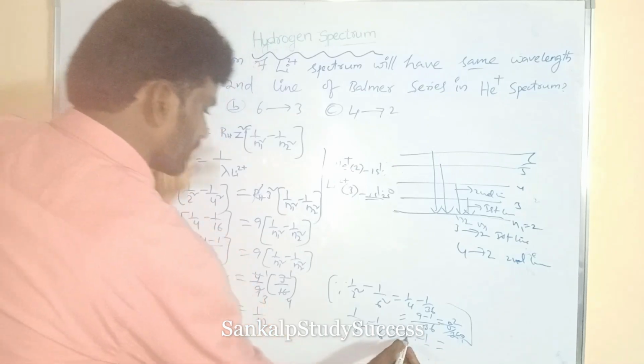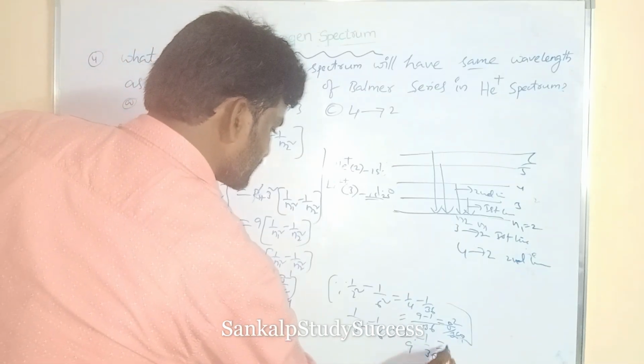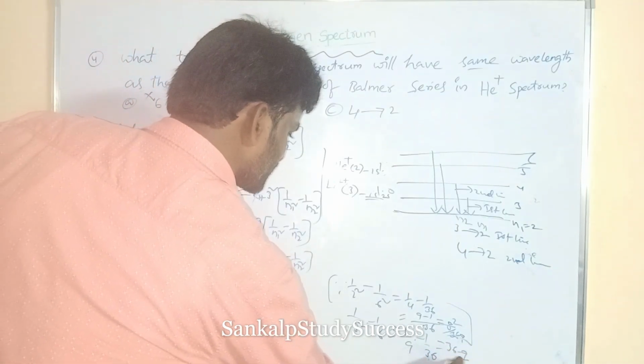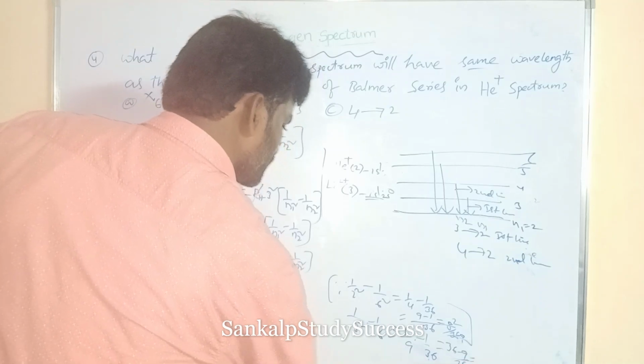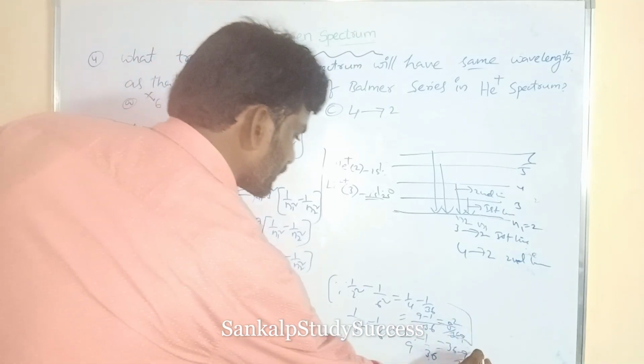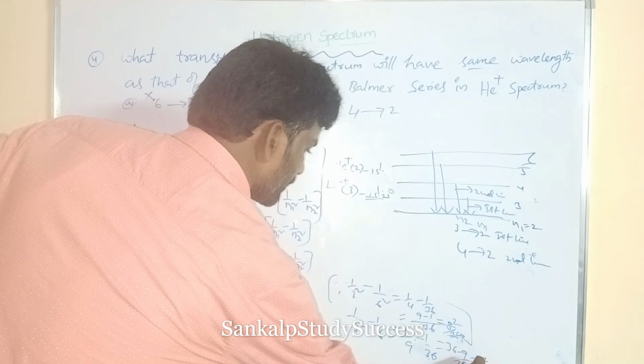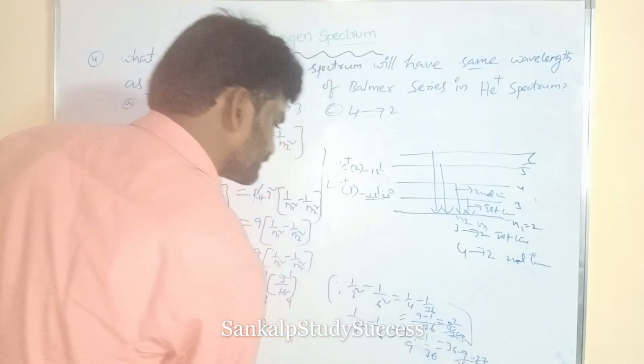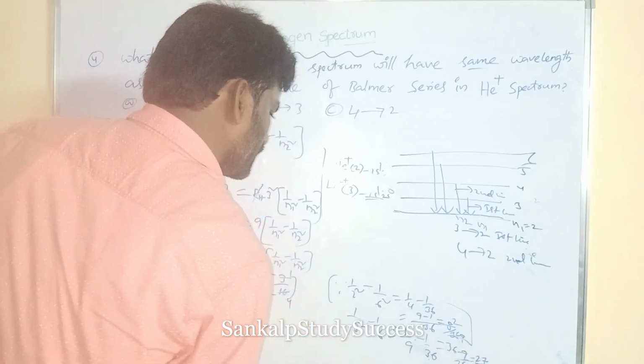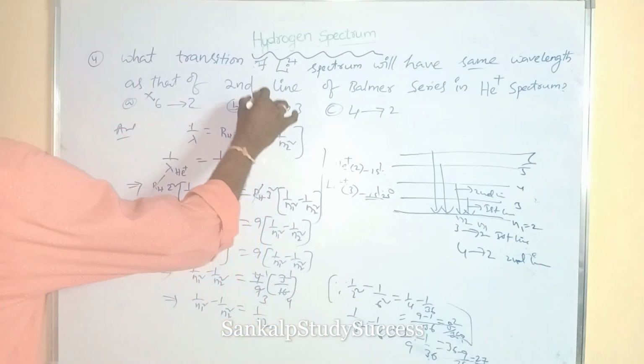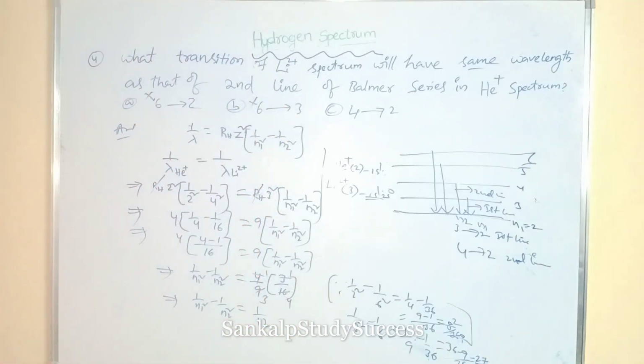So that means 1 by 9 minus 1 by 36. So 36 minus 9 by 36. So this is also wrong, 27 by 36. This is also wrong. Here 1 by 12 is given.